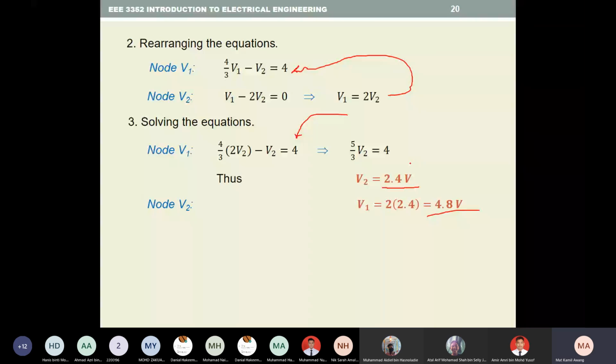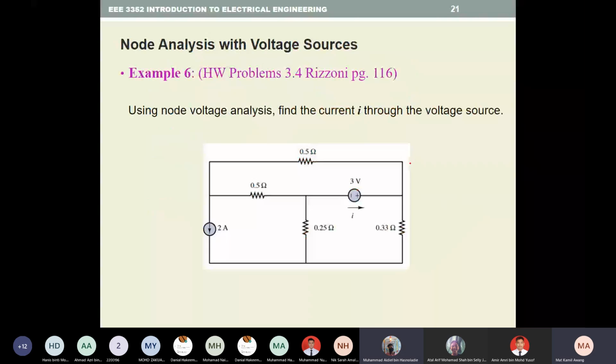Okay, another question. Now you have to find the current through the voltage source. So how many nodes do you have? 1, 2, 3, and 4.